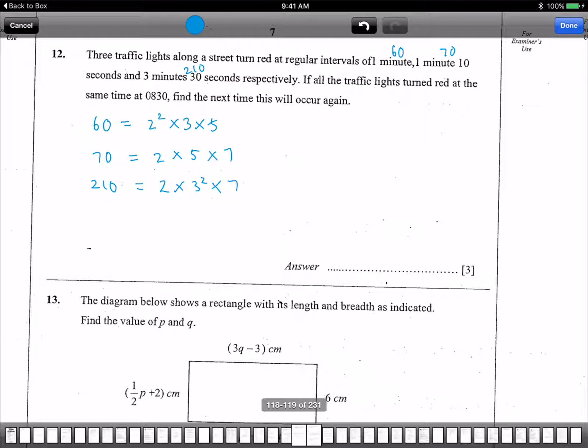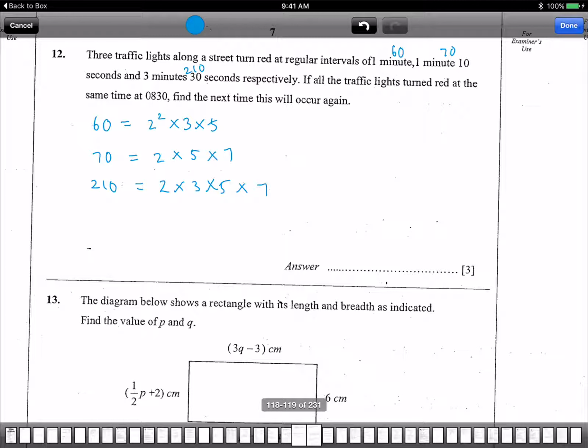No, that's wrong. Okay, so your index notation is wrong, so that's why you got it all wrong. Right, so the correct index notation is as such.